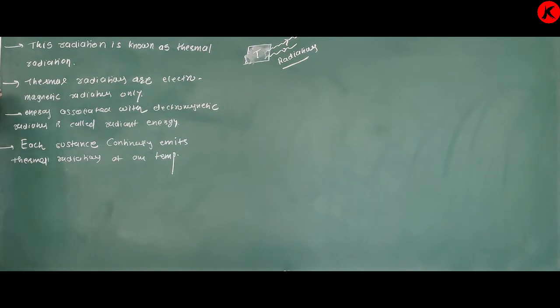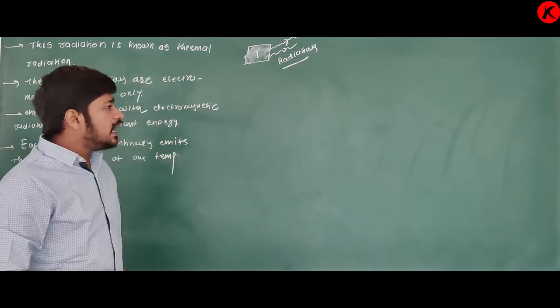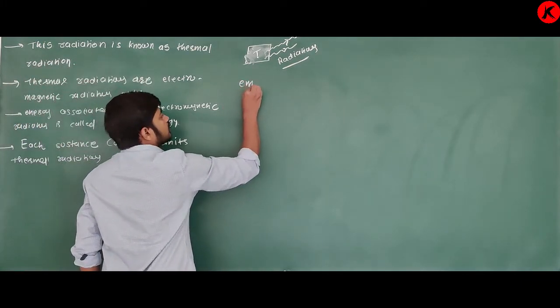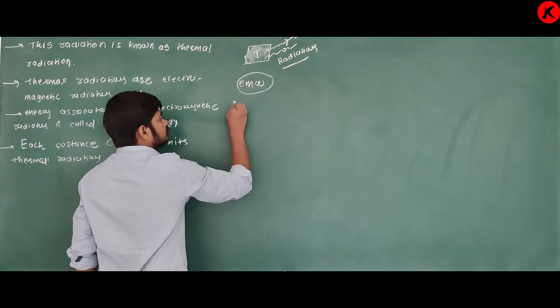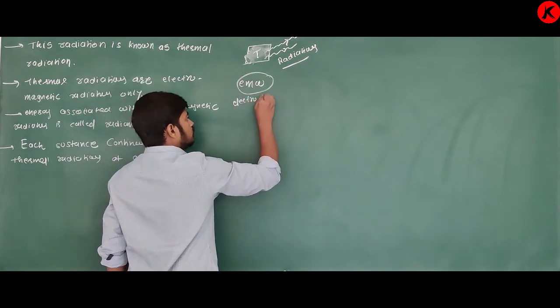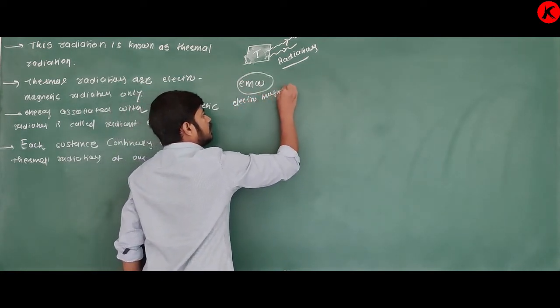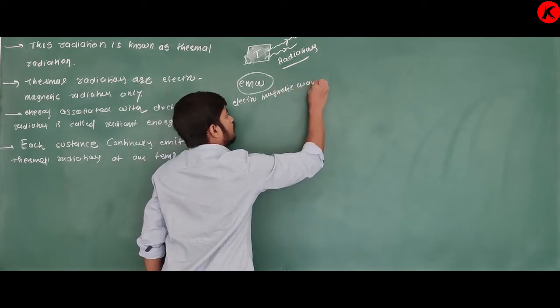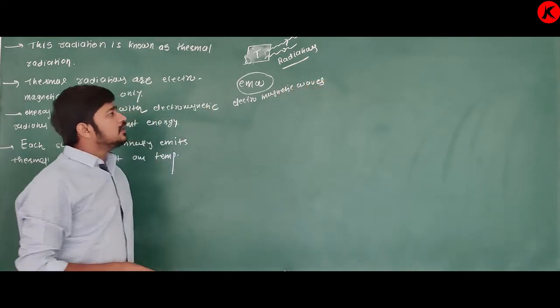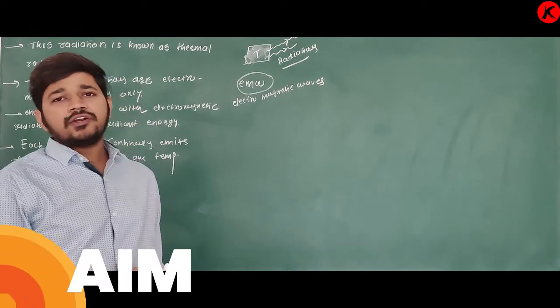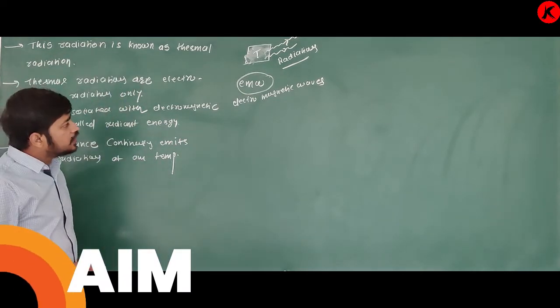Thermal radiations are electromagnetic radiations only. Now what do you mean by electromagnetic radiation? Electromagnetic waves. Yes, electromagnetic waves do not require any medium for transmission from one point to another point.